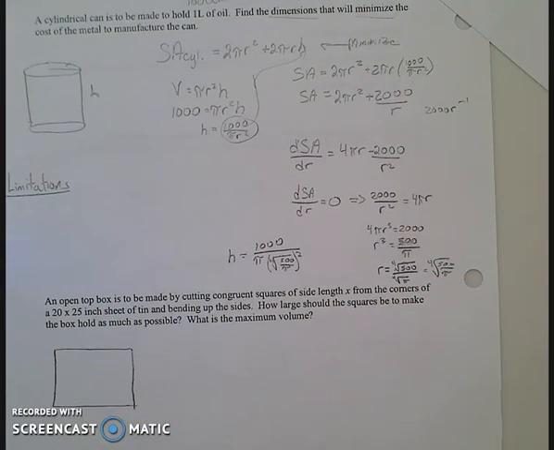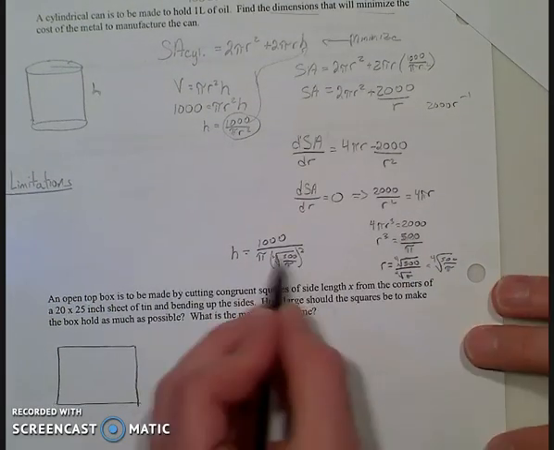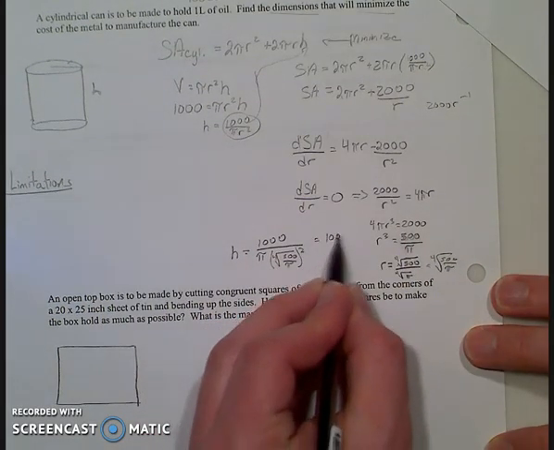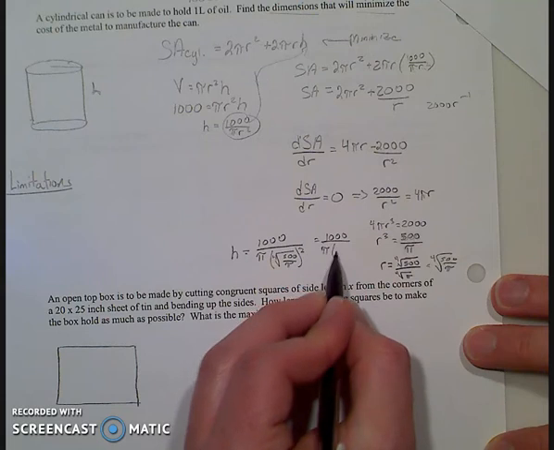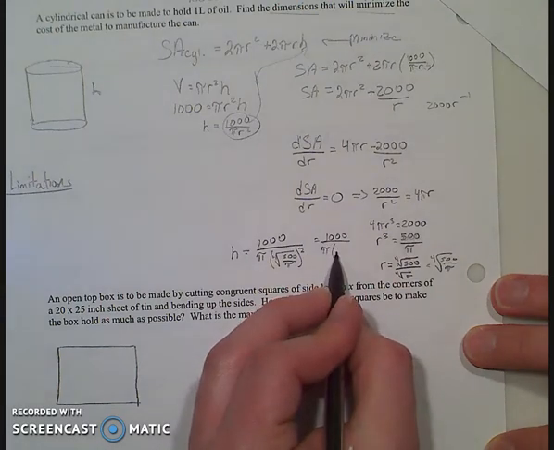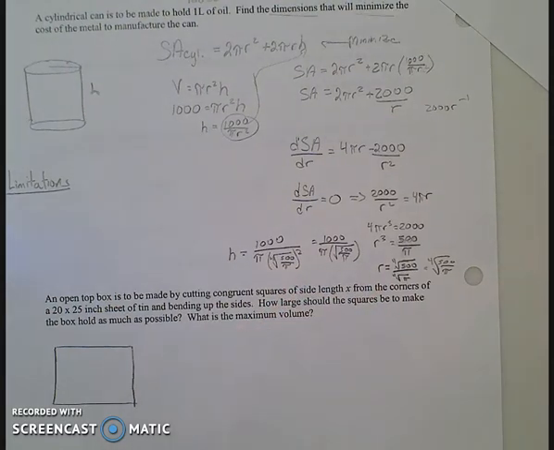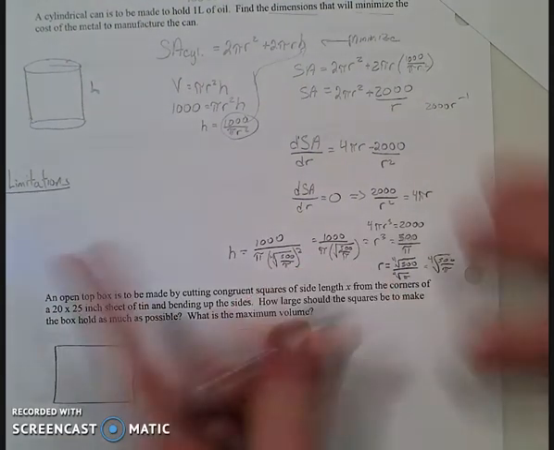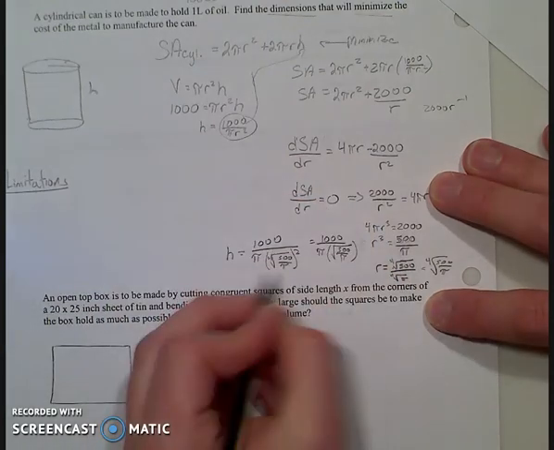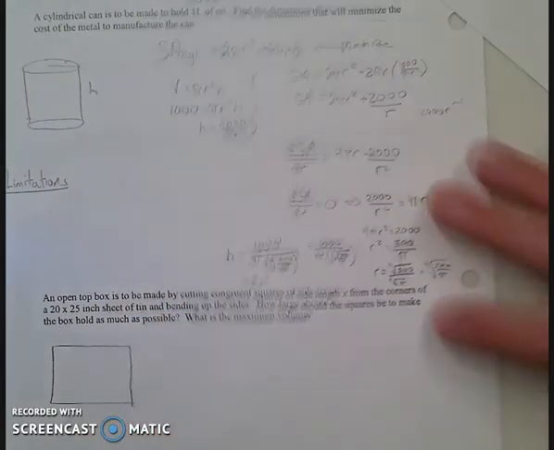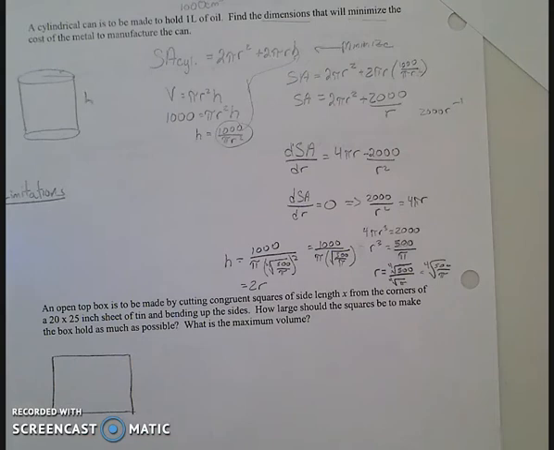I wouldn't have minded if we left it as the square root of 500 over pi. I will show you in class. This does equal 2r. I'm running out of room here, but h does equal 2r if you plug back in, and we'll look at that in class later on.